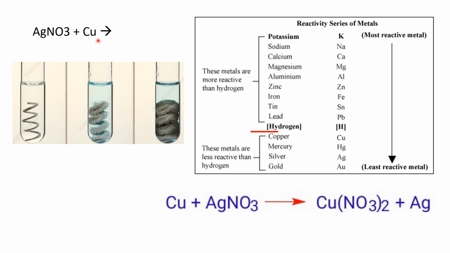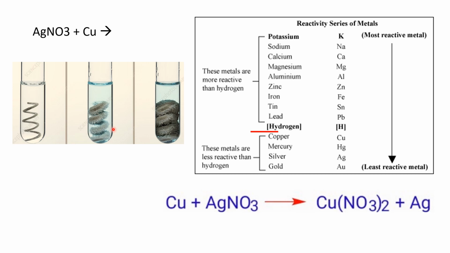So copper here dissolves in the form of copper nitrate, and the silver from silver nitrate is deposited as metallic silver. So ito yung parang frost dito sa copper wire. Ito yung mga silver metal deposit. Mukha siyang Christmas tree.